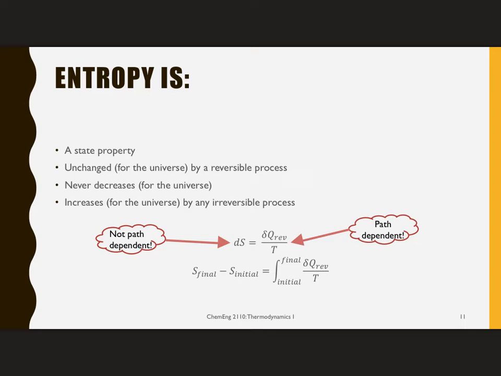And that's going to be the integral from the initial to final value of the change in heat transfer per temperature. Okay? And again, this has to be positive or zero. Zero indicates reversible. Positive indicates irreversible. And if you ever come up with something that is negative, that's going to be impossible from the point of view of the universe.